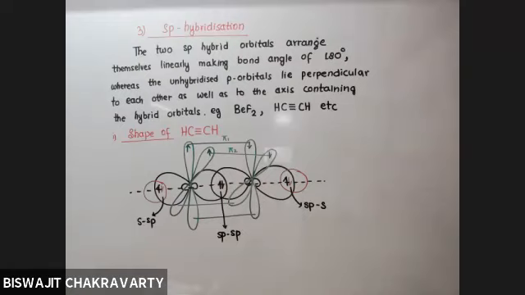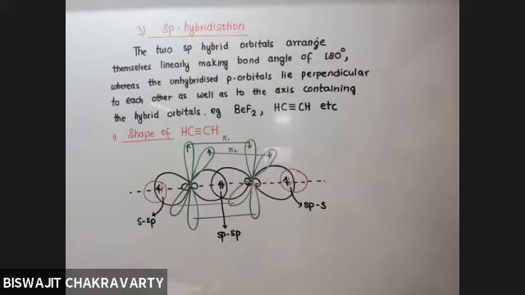Is it clear or is there confusion? Anyone having any confusion, please clear it out. Sir, how many sigma bonds? Tell me, how many sigma bonds do you see on the internuclear axis? So 3.